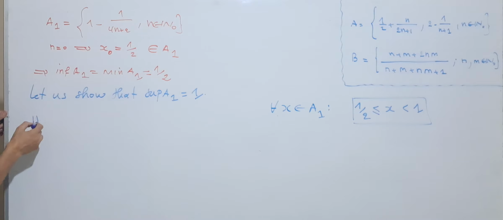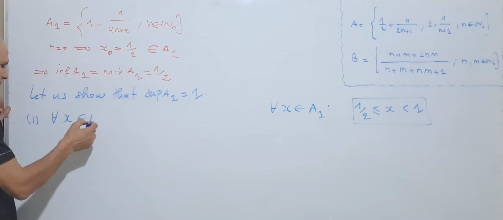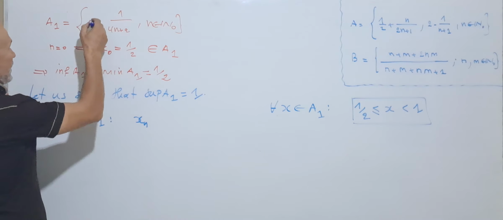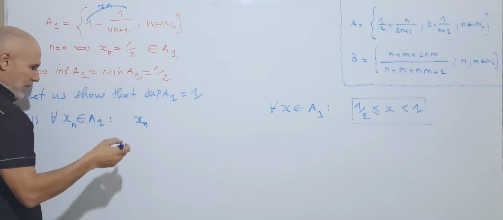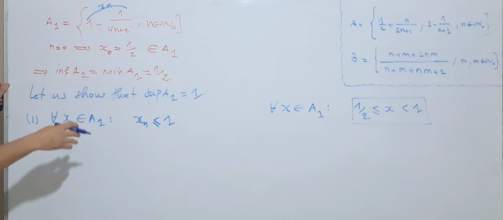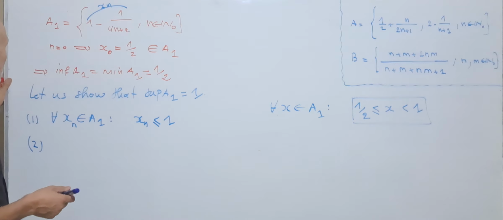We have the first condition: for all xn from A1, xn is less than or equal to 1. Actually, it is strictly less than 1, but it doesn't matter if we write less than or equal. That is the first information.